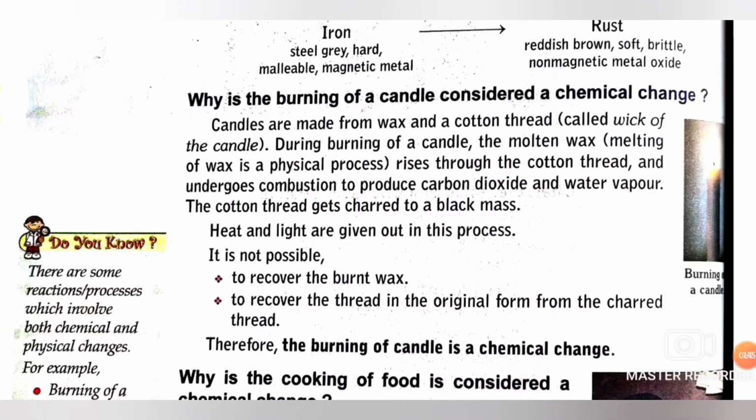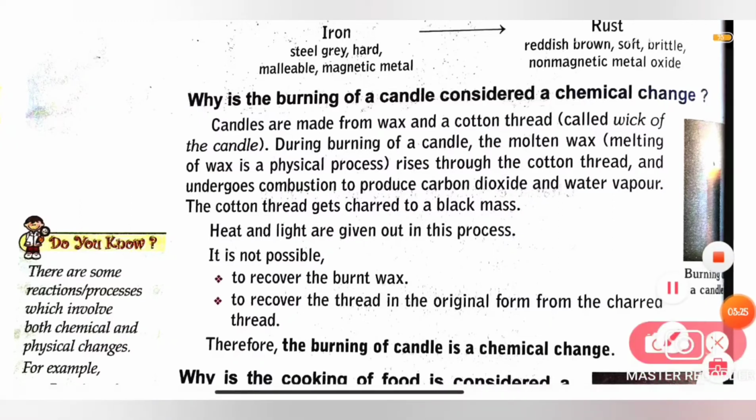Similarly for candle burning, actually it is a mixed process. When the candle is burning, the cotton thread inside the candle is burning, and slowly it is vanishing. যে cotton thread টা থাকে, যে সুতোটা ক্যান্ডেলের, সেটা completely burn হচ্ছে। And also some amount of ওয়্যাক্স বা মোমবাতির যে জিনিসটা wax, that also is burning and producing carbon dioxide and water vapor, right?